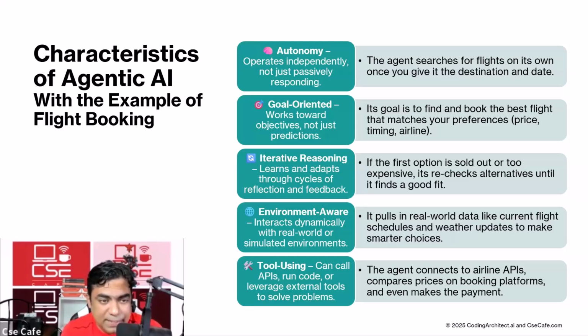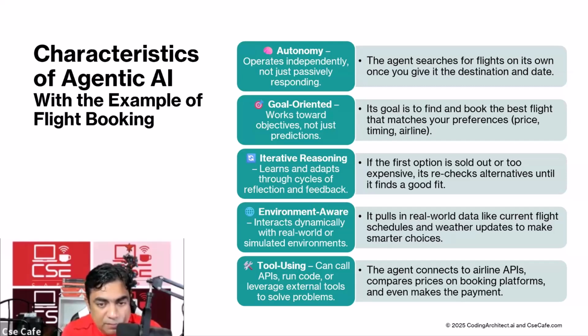and also it is iterative. It learns and adapts through cycles of reflection and feedback. Maybe if the first option is sold out or too expensive, it rechecks alternatives until it finds a good fit. And it is also environment aware. It interacts dynamically with real world or simulated environments.